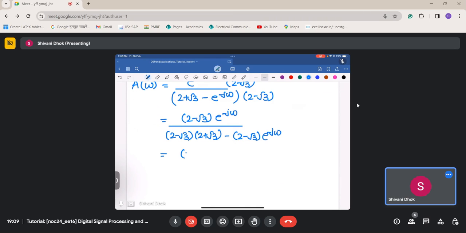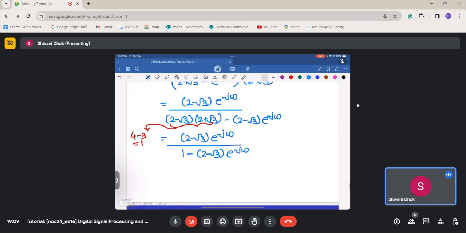The product in the denominator is 4 minus 3, which is equal to 1. So this is 1 minus 2 by root 3 into e power minus j omega. Now this A of omega I can write as 2 minus root 3 into e power minus j omega multiplied by 1 upon 1 minus (2 minus root 3) into e power minus j omega.